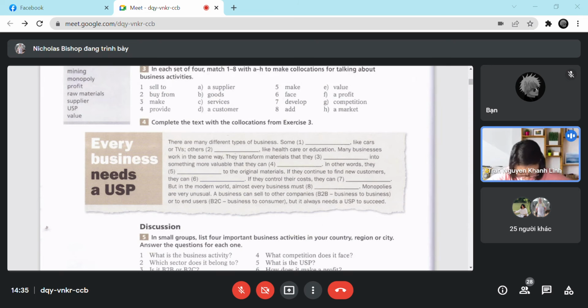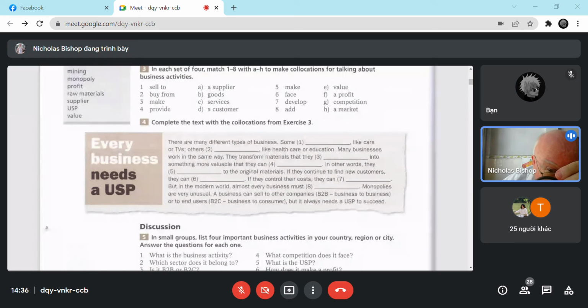From what I wrote: they transform materials that they can buy from a supplier into something more valuable that they can sell to a customer.